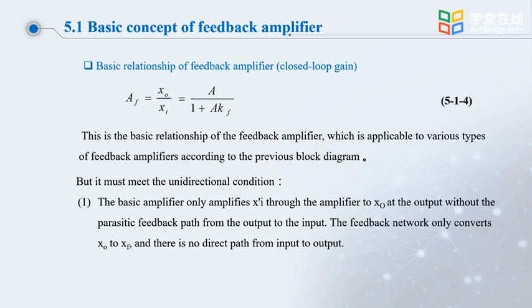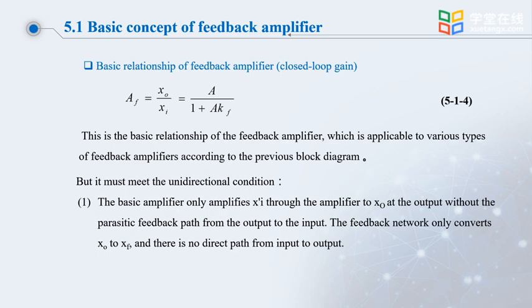It applies to the various types of closed-loop feedback amplifiers. What about the basic amplifier inside? This is the basic amplifier we learned earlier, and the feedback amplifier satisfies a one-way condition.